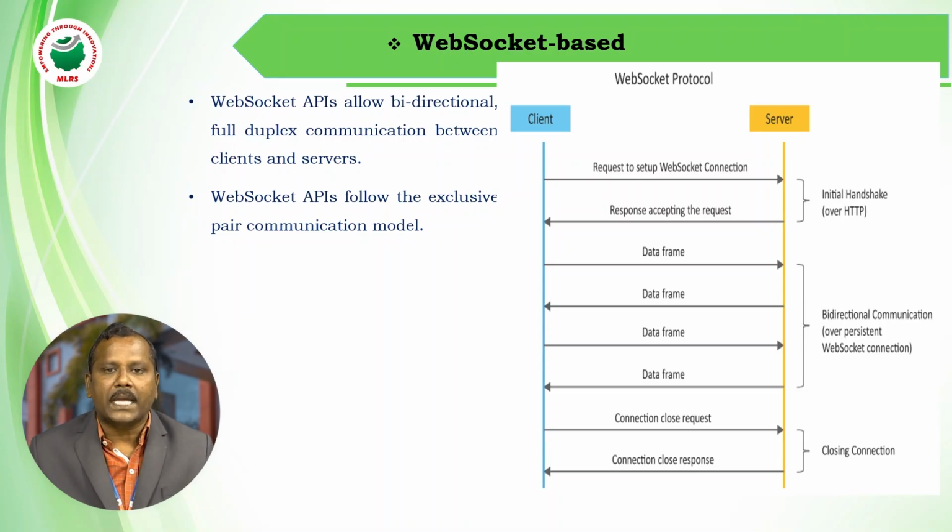Then data is exchanged between the client and the server until a close request is sent from the client to the server. Then the server closes the connection; until then the communication continues. This is about the WebSocket-based communication API, which follows the exclusive pair model. These are the types of IoT communication APIs.